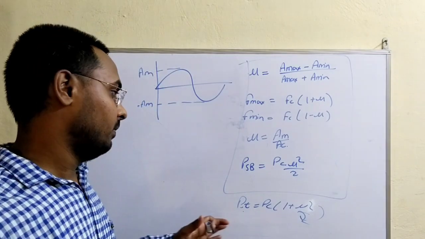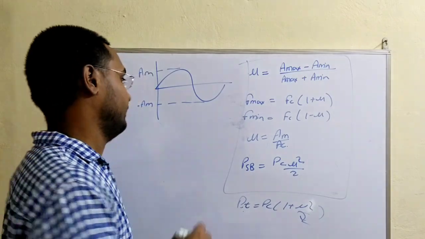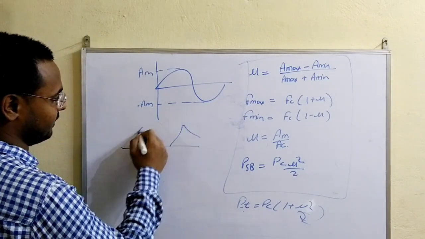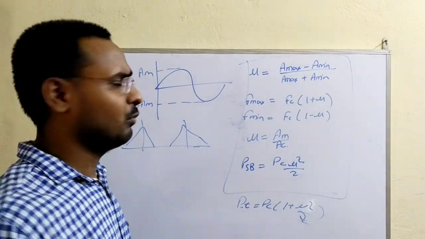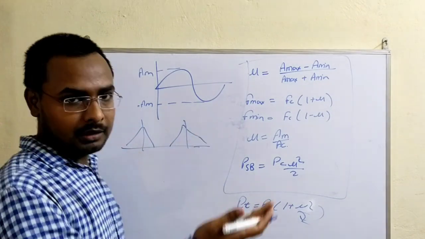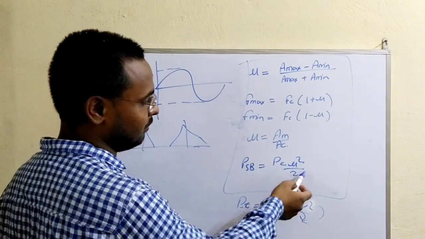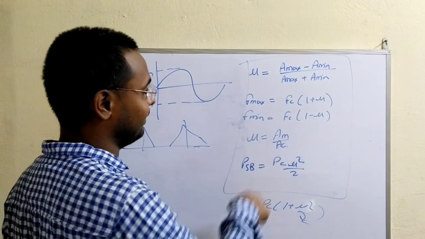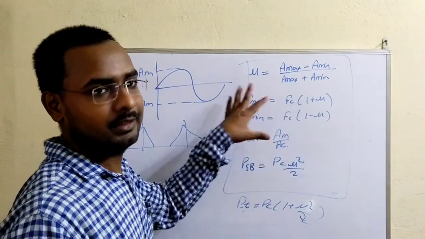Then in some questions the examiner asks about the sideband power only, not the total power. Then we use this formula. Sideband power is Pc mu square by 2, where mu is Am by Ac, and maximum frequency, minimum frequency, mu, all this stuff is given.